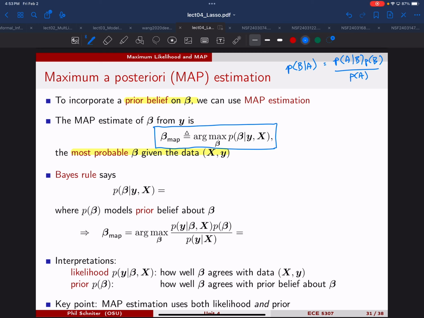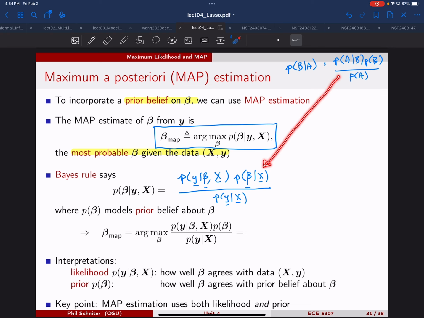Let me write it out here. In the numerator we have p(y given beta and x) times the probability density of beta given x, and then on the bottom, the probability of y given x. All I did to go from the simple form to here is put a conditioning on x everywhere. That's it. And it still holds.